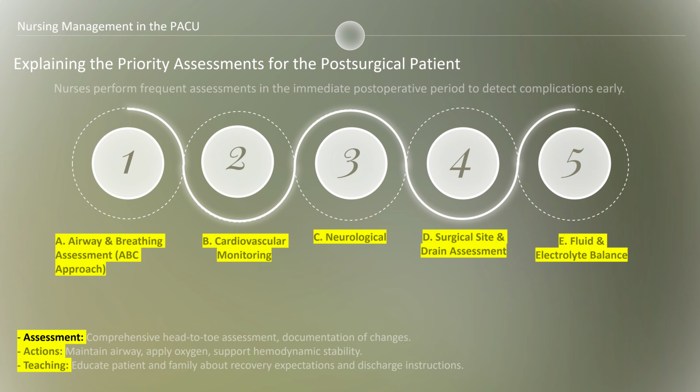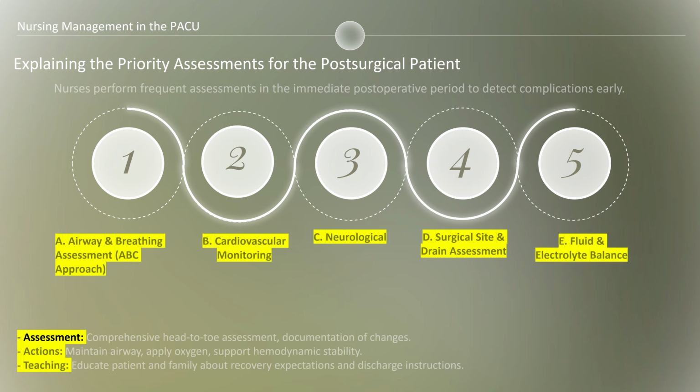So here, as we said previously, we are about to explain the priority assessment in the post-surgical patient. Nurses perform frequent assessments in the immediate post-operative period to detect complications early. So we always do assessment, action, and teaching. Assessment: head-to-toe assessment, documentation of changes.